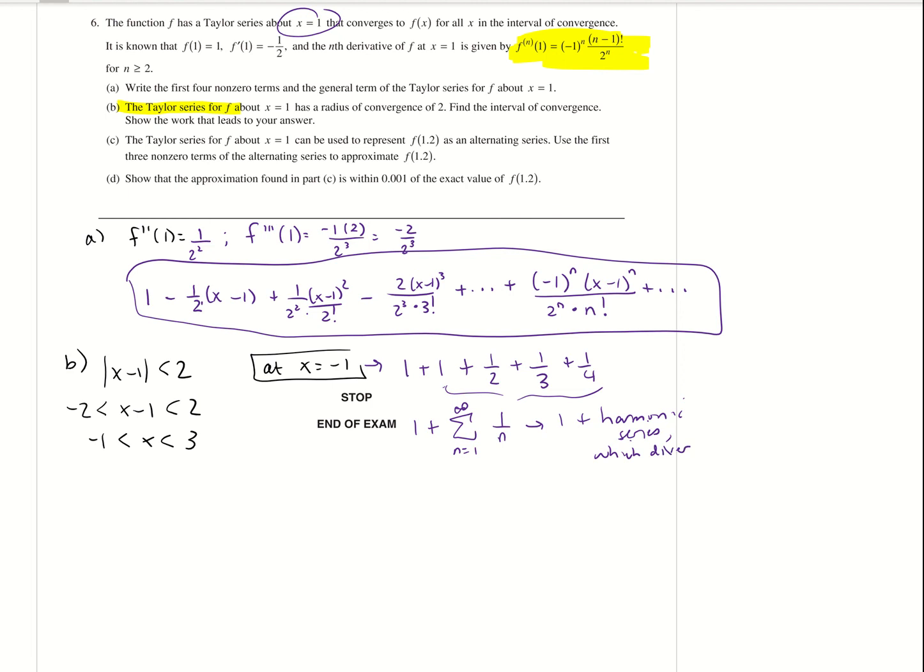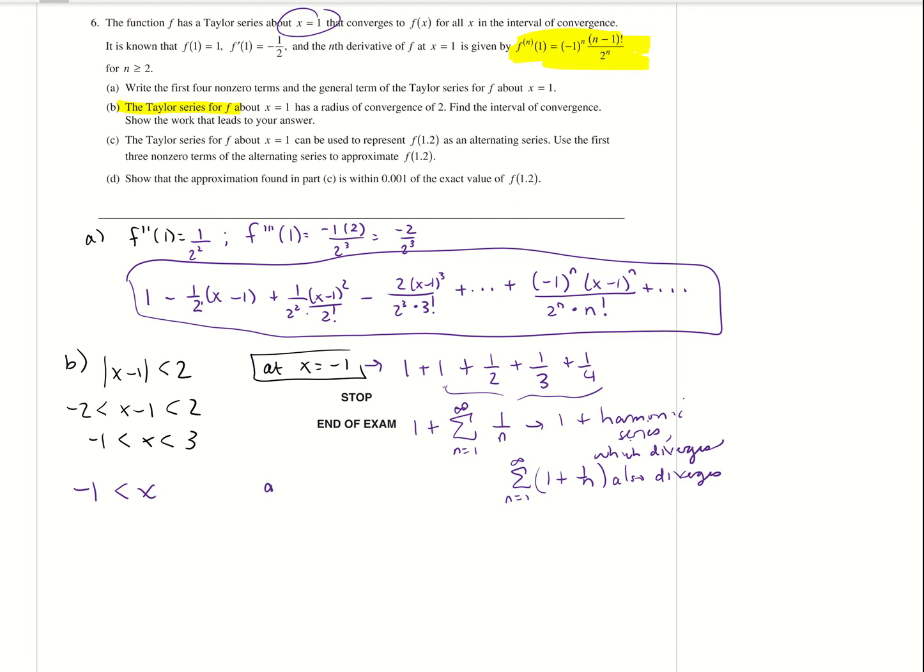Well, when you add 1 to something that's growing without bound to infinity, that is still going to diverge. So my infinite series here would also diverge. When you're growing without bound, adding 1, you continue to diverge. So at negative 1, I will be keeping an open interval there.